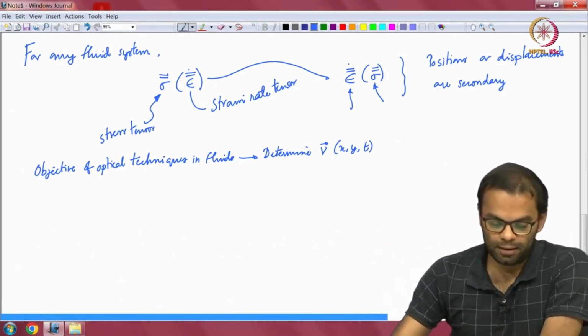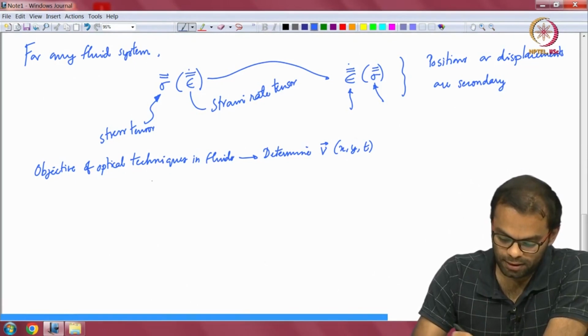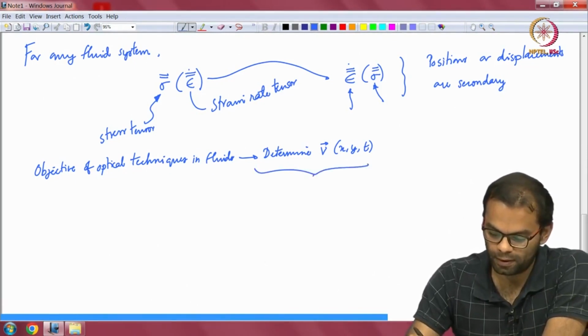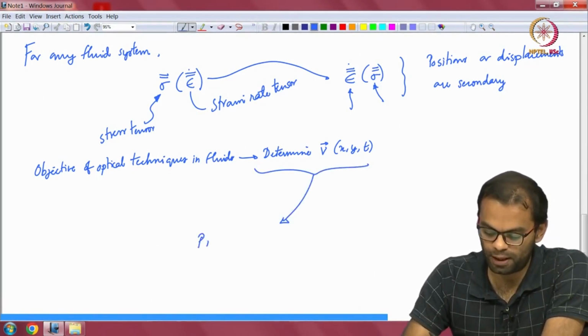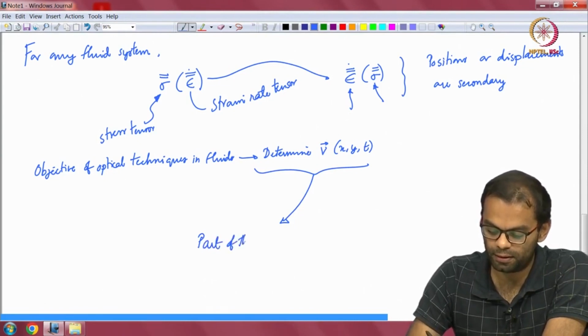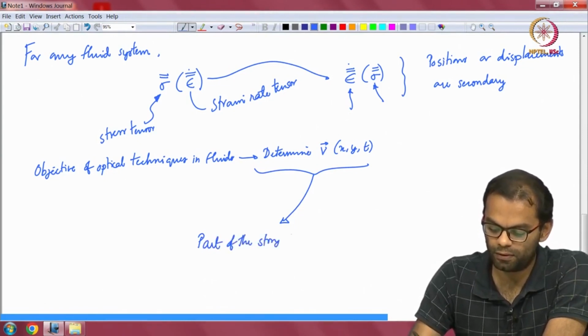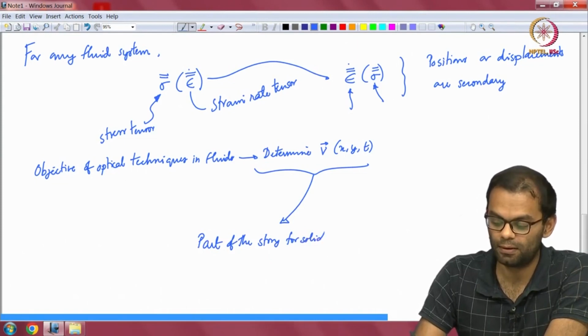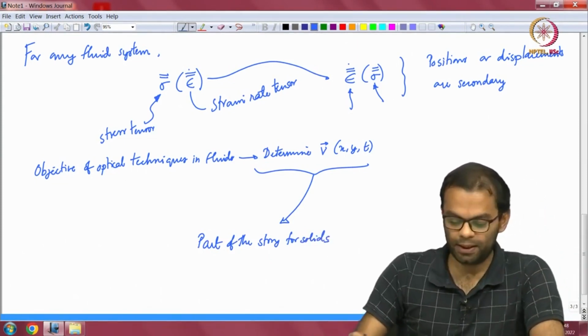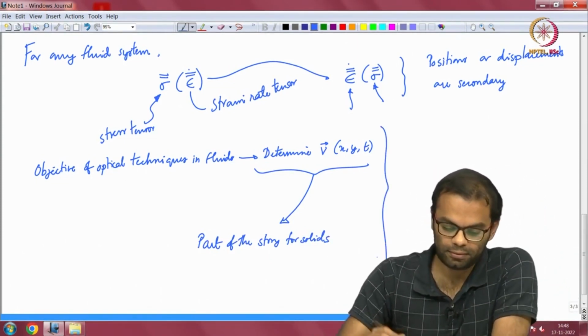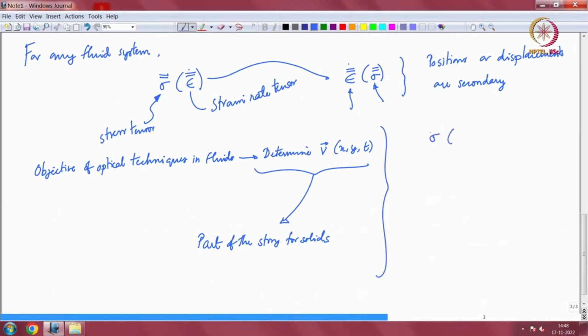Okay. Now this is only part of the story for solids. Okay. The reason being, in a solid the stress tensor is usually a function of the strain tensor, not the strain rate tensor.